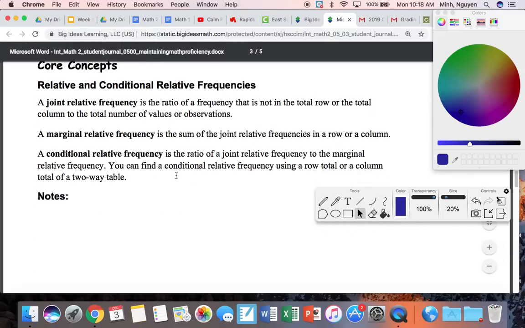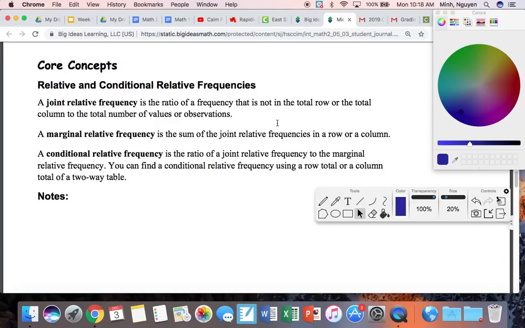All this is just to say what I had just said. Joint relative frequency is the ratio that is not in the total row or the total column, so it's everything inside the table that's not in the totals. A marginal relative frequency is when you add up the relative frequencies in a row or column.